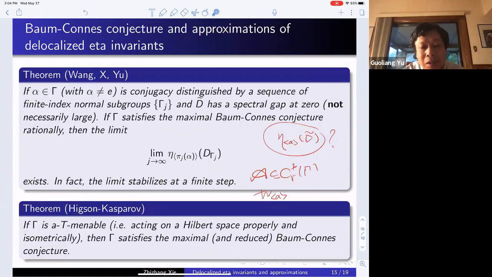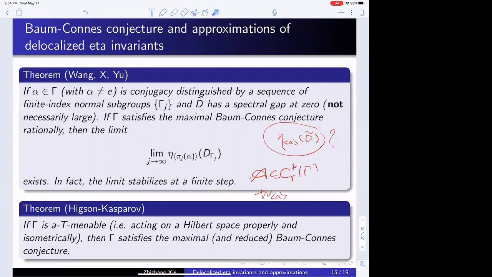Under the spectral gap condition, whether the delocalized eta invariant exists or not, in general, is still an open question. What we showed is that when the spectral gap is sufficiently large, then it's always convergent. But I think that's actually an interesting question.